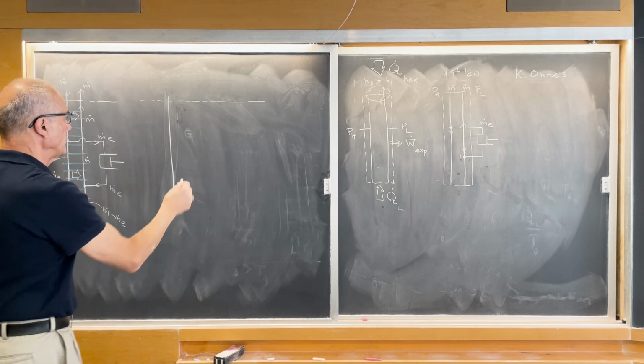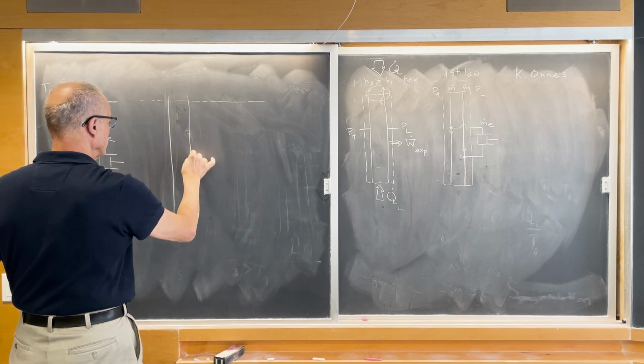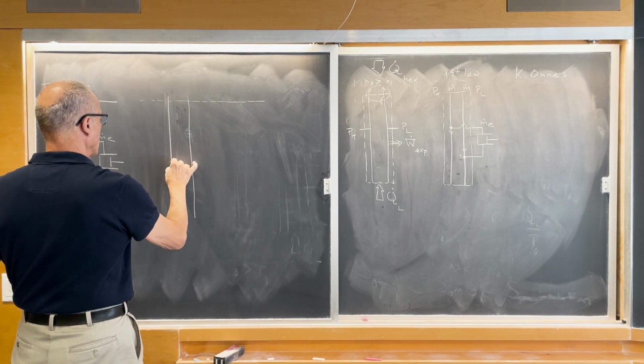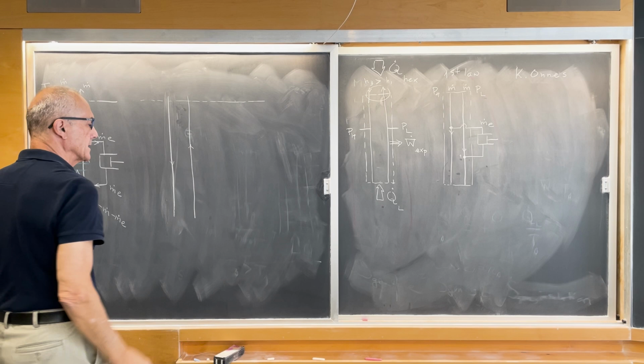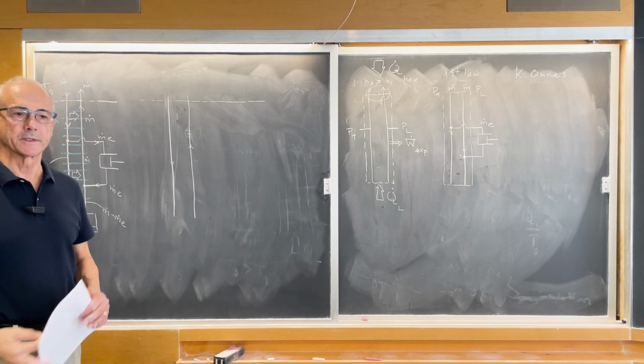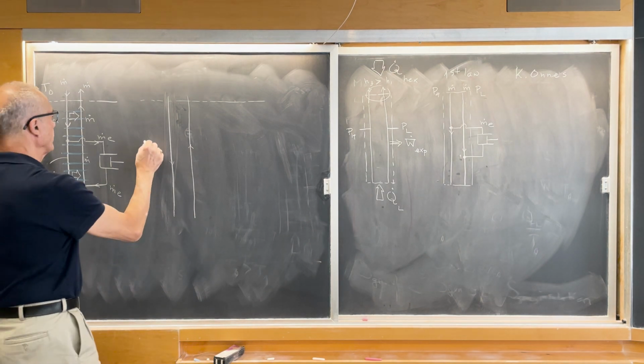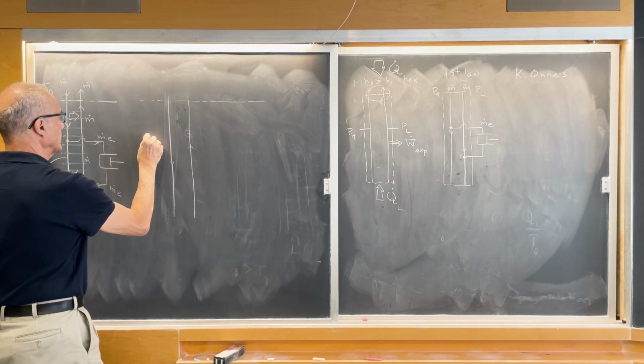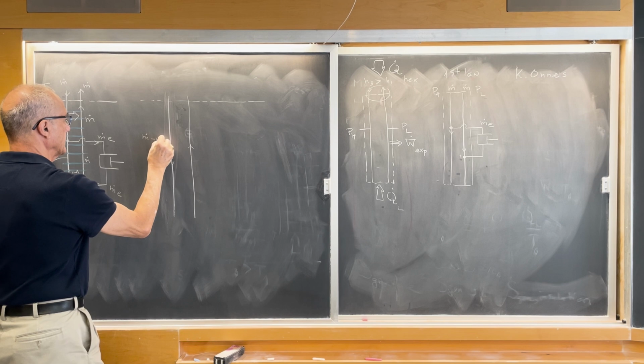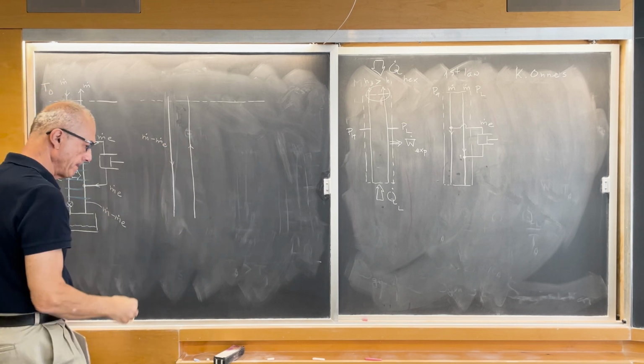A counterflow, it's called a balanced counterflow, where the two sides are of the same mass flow rate of magnitude m dot minus m dot e.